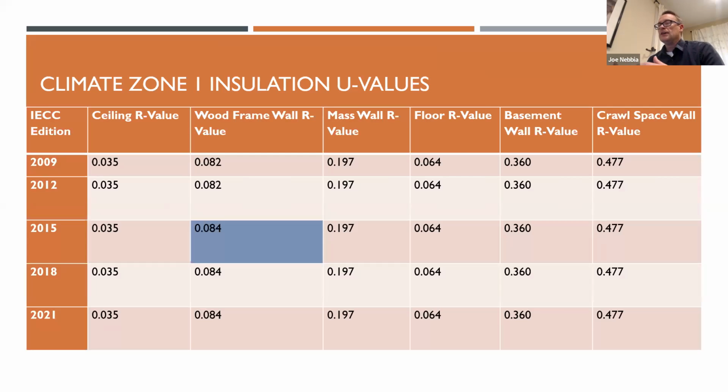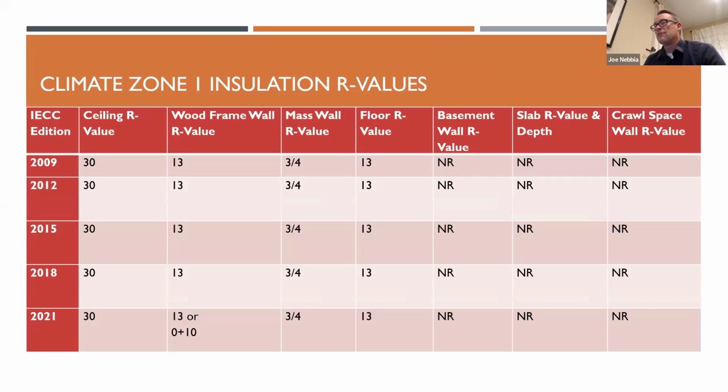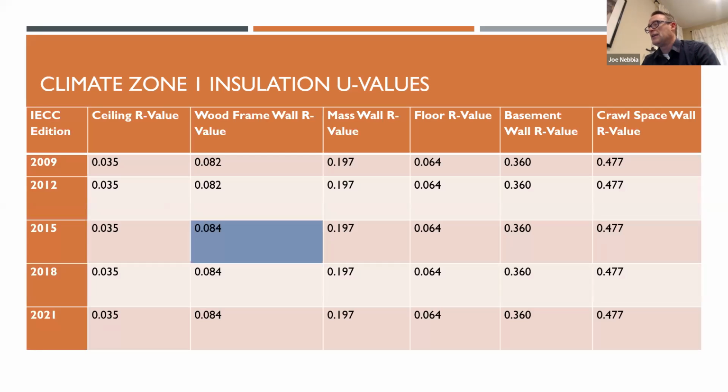Again, if you have some combination like a flash and batt where you've got a certain amount of one type of insulation and another, sometimes people will use a U value because they can calculate it easier. If you have a combination of continuous and cavity insulation, maybe you've for some reason done an R11 cavity with an R3 continuous, you can then calculate the U factor for those products and see if you are compliant.